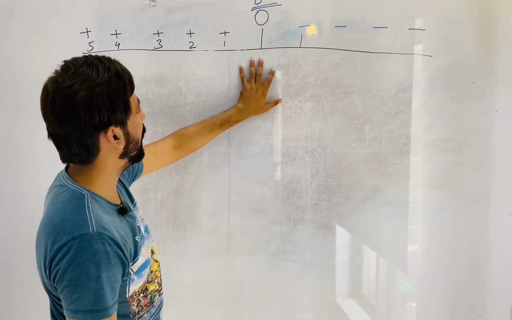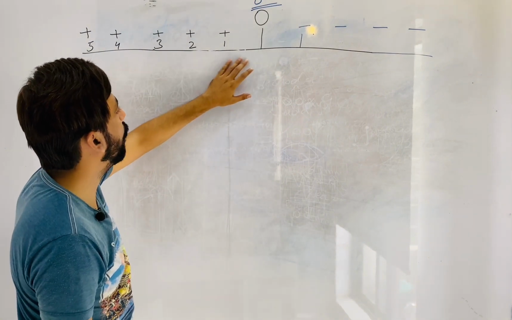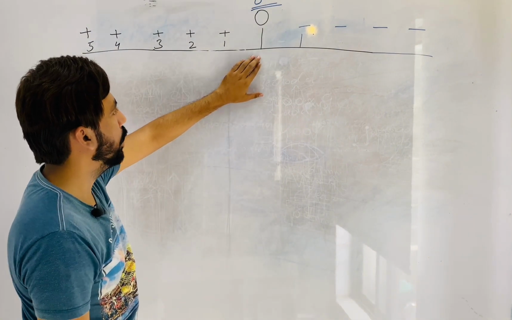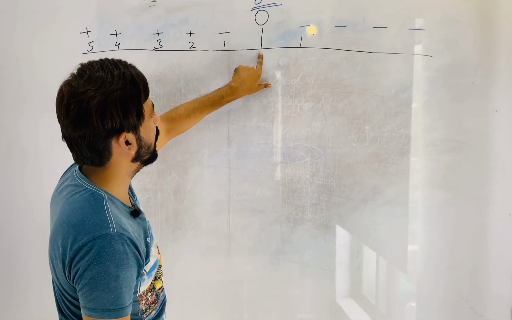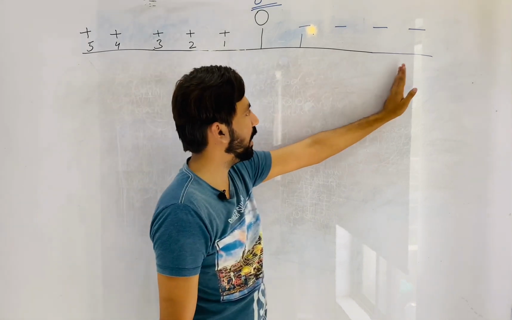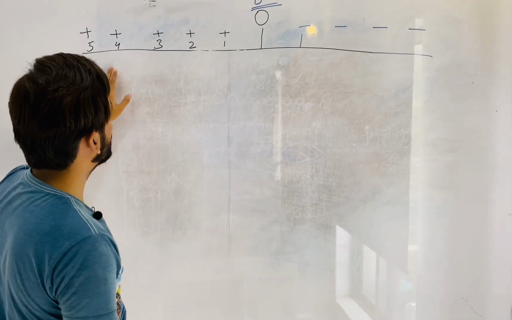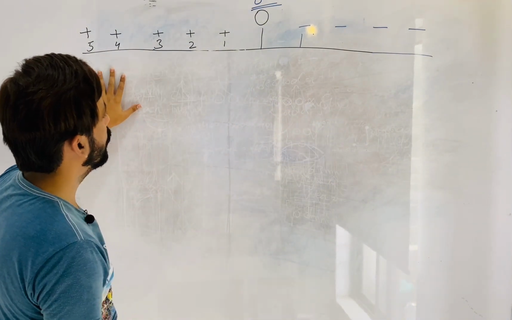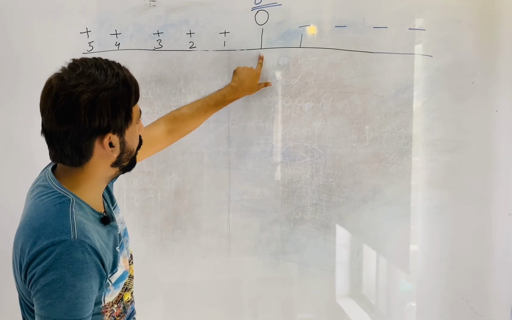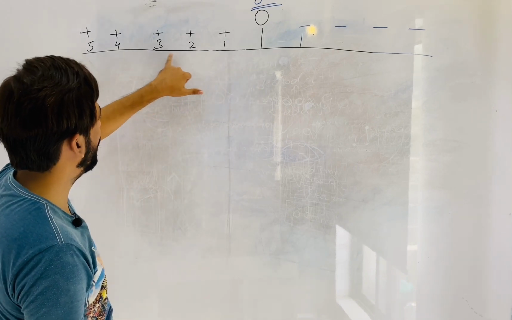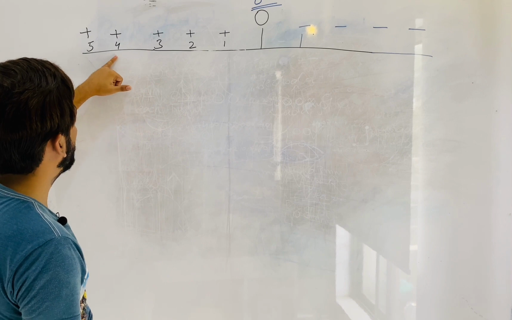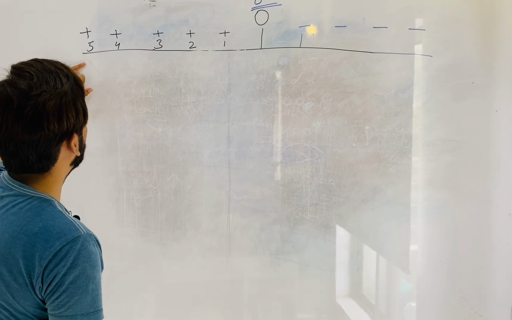So in the last lecture I drew a scale like this. We have a zero value in this scale. In this direction you can see the plus values: plus 1, plus 2 hypermetropia, plus 3, plus 4, plus 5, and so on.